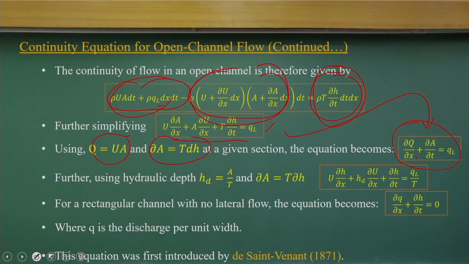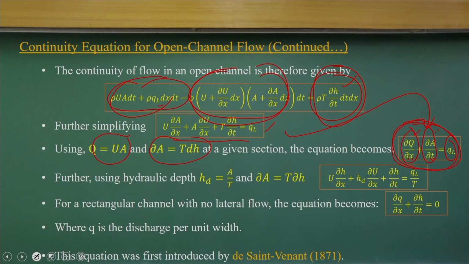Remember it is a mass conservation equation, but when you write it in partial differential equation form, it comes in terms of Q variability in the x direction, that is the gradient of Q in the x direction, plus the A variability, equal to QL. You can substitute the units of all these terms and verify they are accurate.